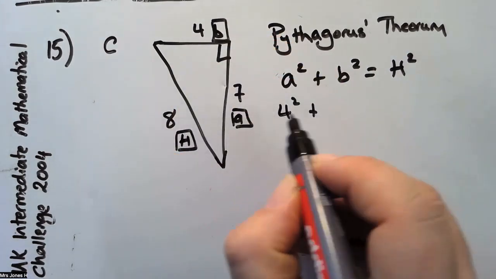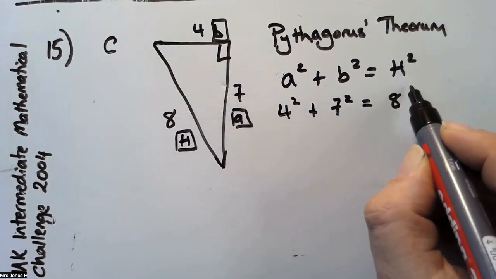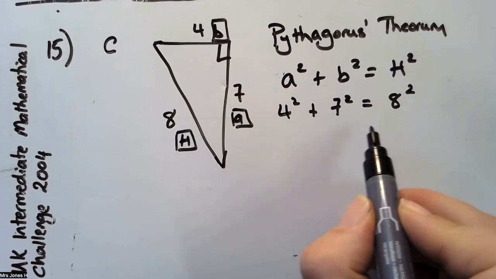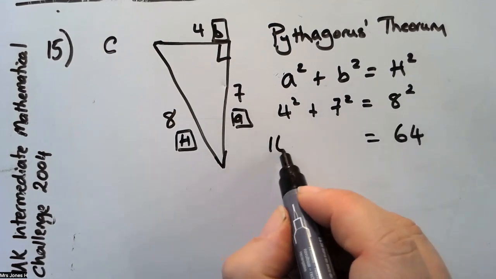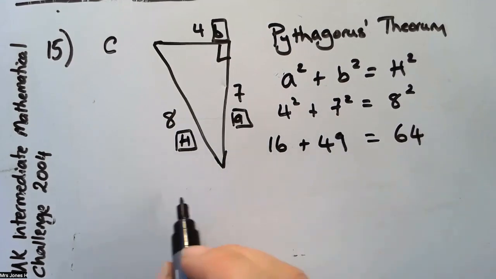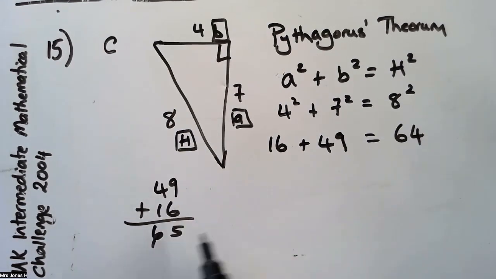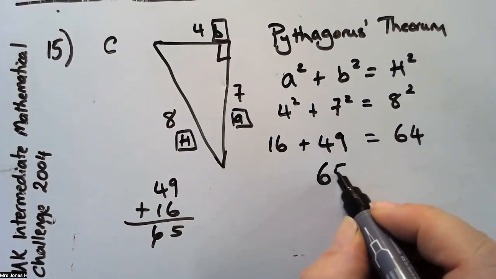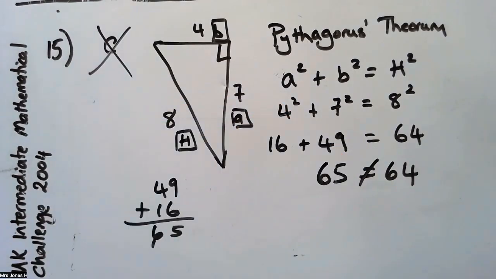Four squared plus 7 squared equals h squared, which is 8 squared. Is this true? 4 squared is 16, plus 49 is 65 here, 64 here. 65 does not equal 64. Therefore, this is not a triangle.